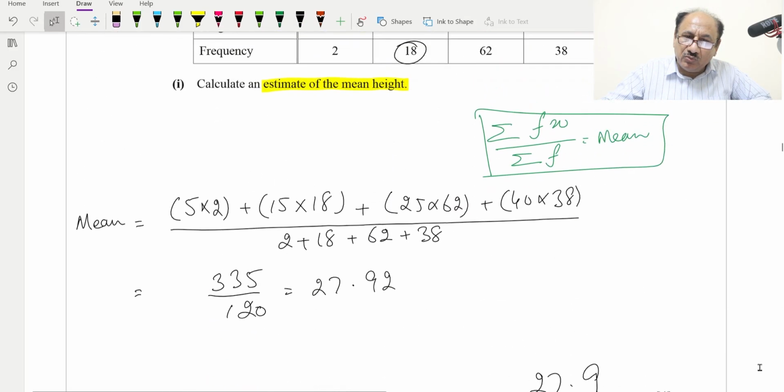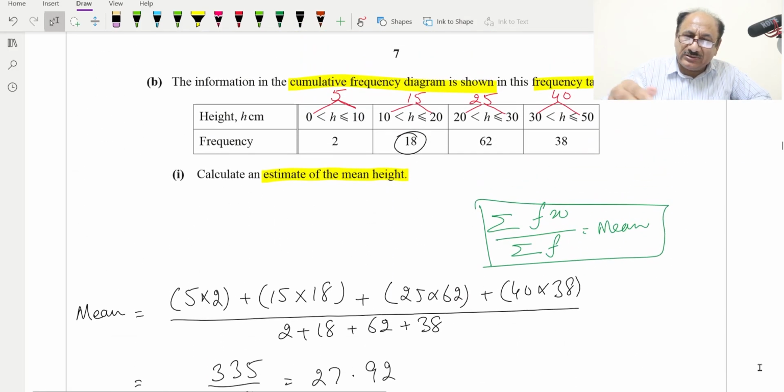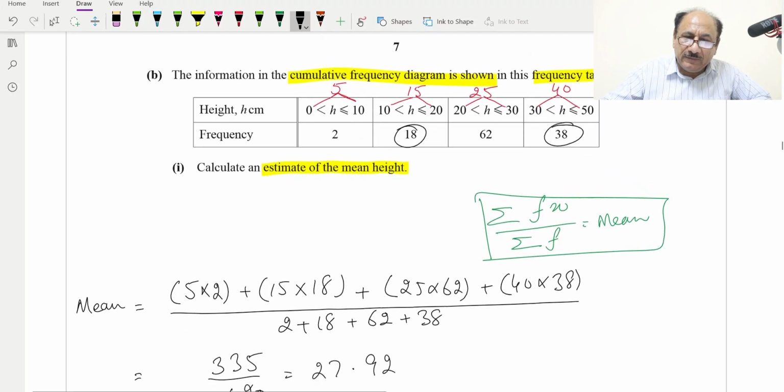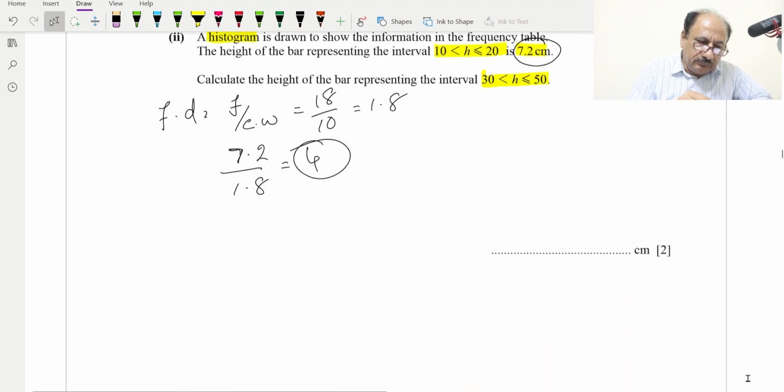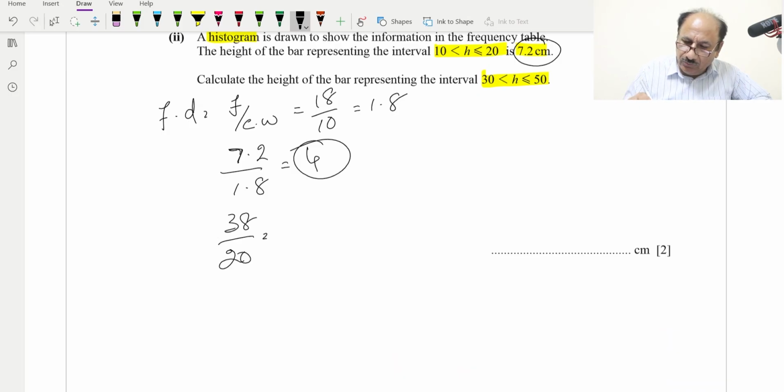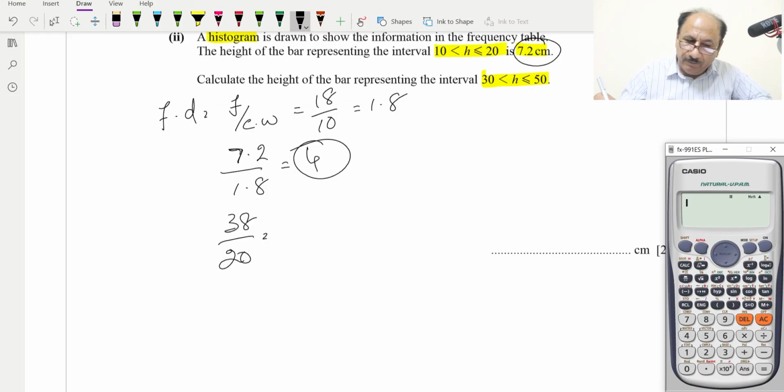Now 30 to 50 has frequency 38, and the class width is 20, so 38 divided by 20 is equal to 1.9.